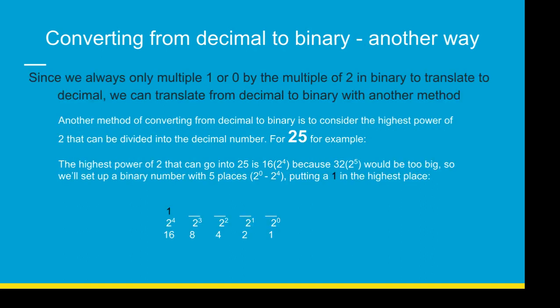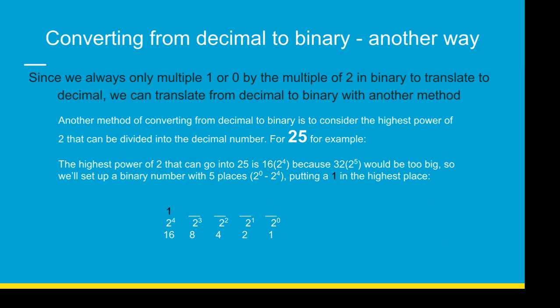Yeah, that's right. Now I'm going to show you a different way. You can ignore this part if you want to, but this is the way that I like to convert from decimal to binary, just because in binary the digit in the place is always 1 or 0. So what I do when I convert from decimal to binary is this: for example, if we have the number 25, you think about what is the largest power of 2 that divides into that decimal number.